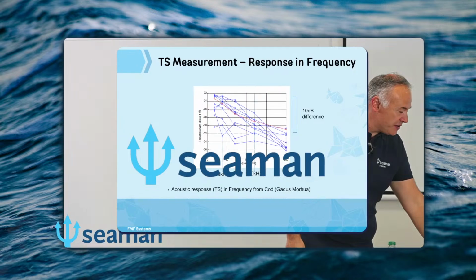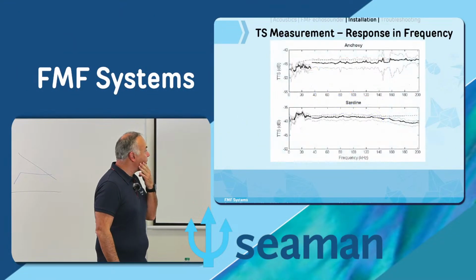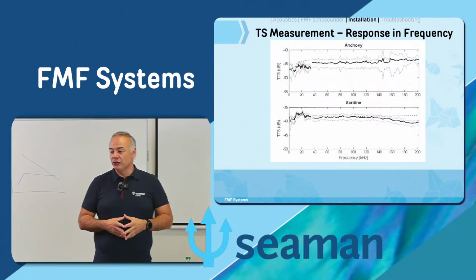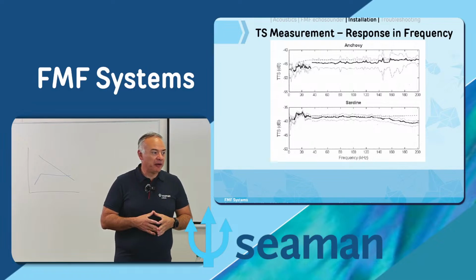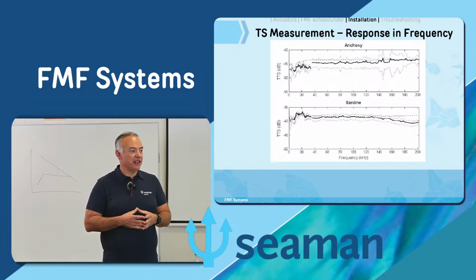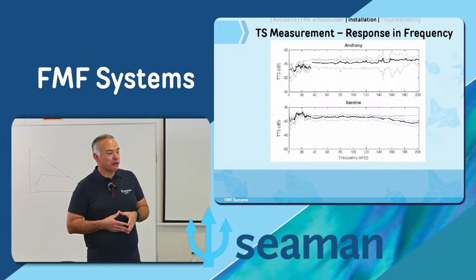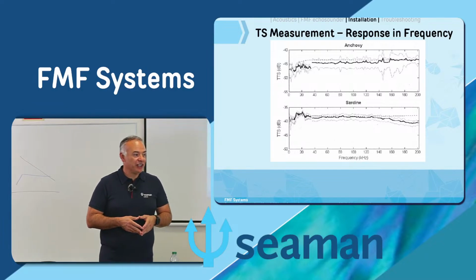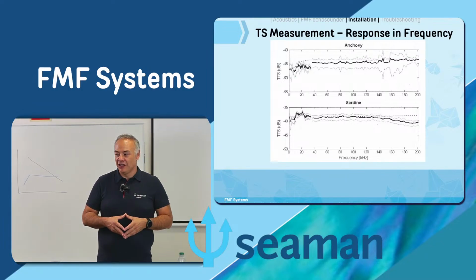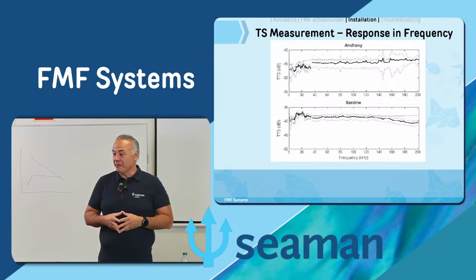To understand this is very important, because we not only use the FMF 1000 to measure, that is the split beam sounder, but we also use the 900. And the 900 uses the principle of dual beam.